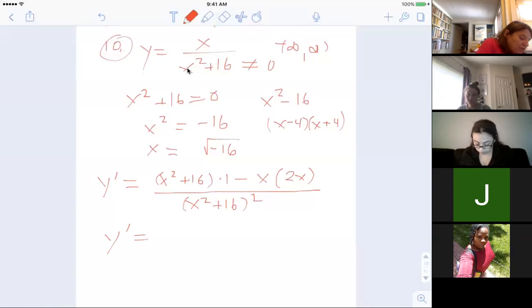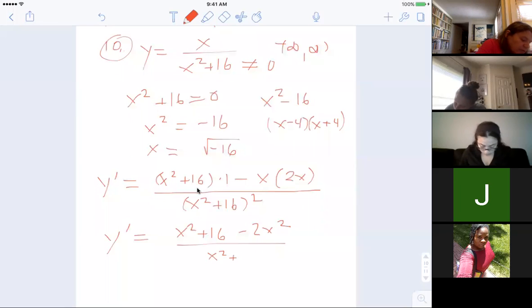And the way I'm going to do it is just multiply out all this stuff in the top right here. So that'll be x squared plus 16 minus 2x squared. So multiplying out that and multiplying out that. And put it over the denominator again. And this is where you got to depend on your algebra skills here.